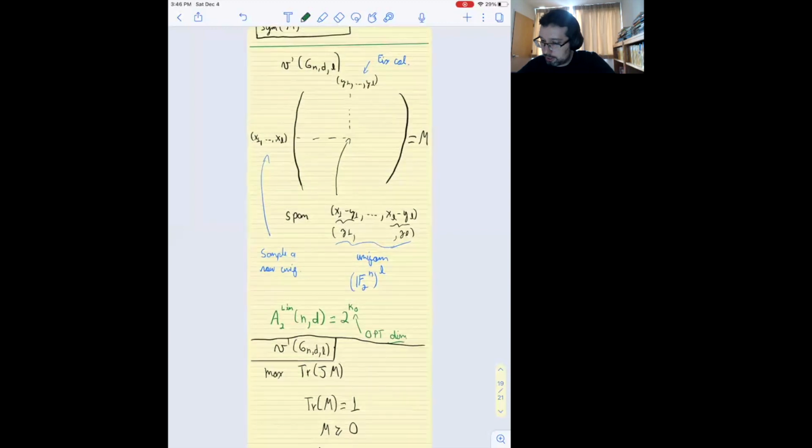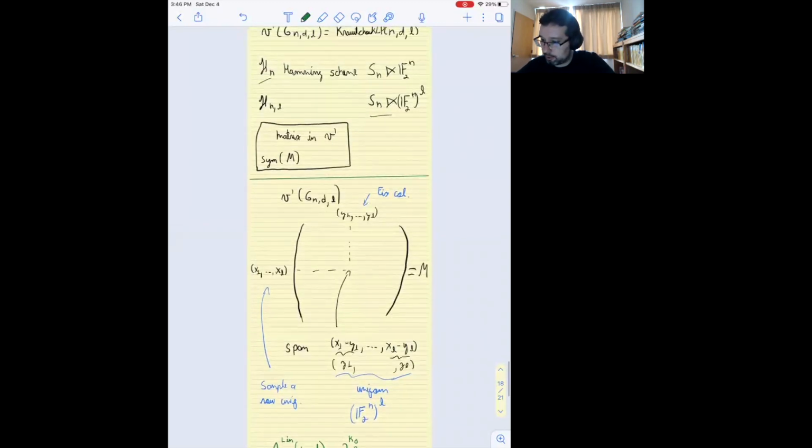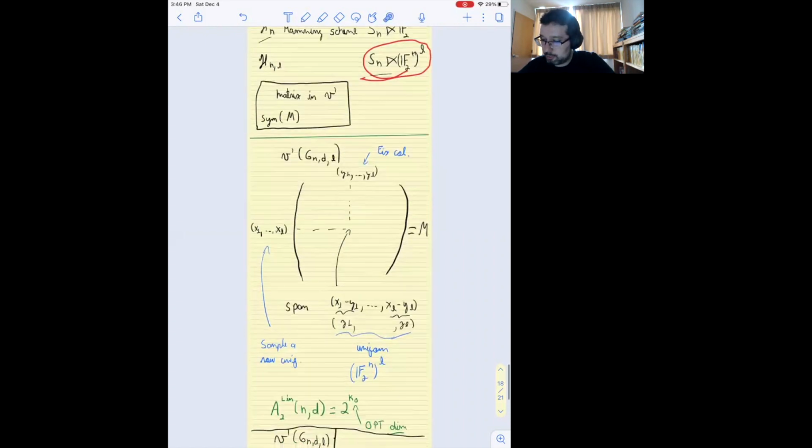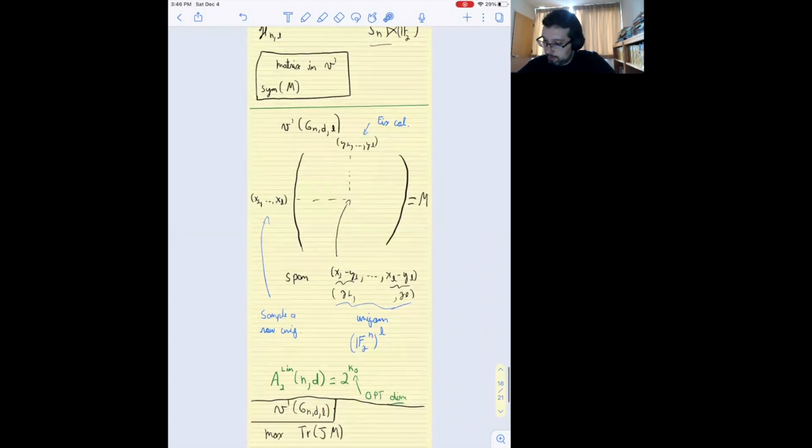The first thing is that we can symmetrize this matrix under the action of the group that we have. We can apply this action and assume that it's in our scheme. In particular, the only thing that we're going to need from this symmetrization is that the entries in the diagonal are equal to each other.